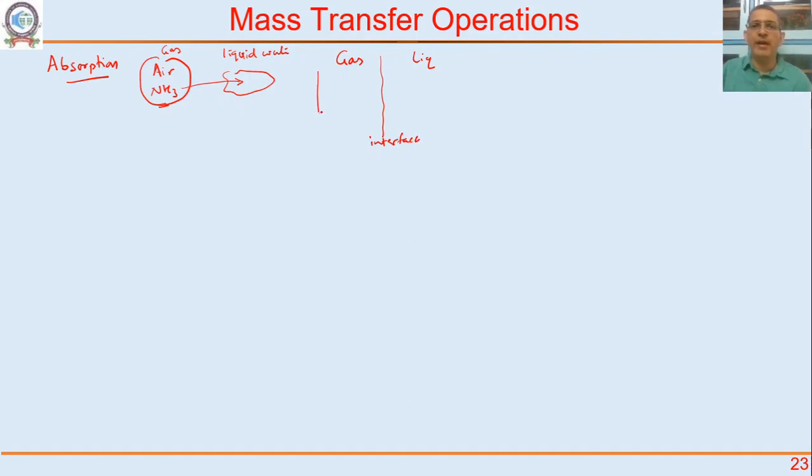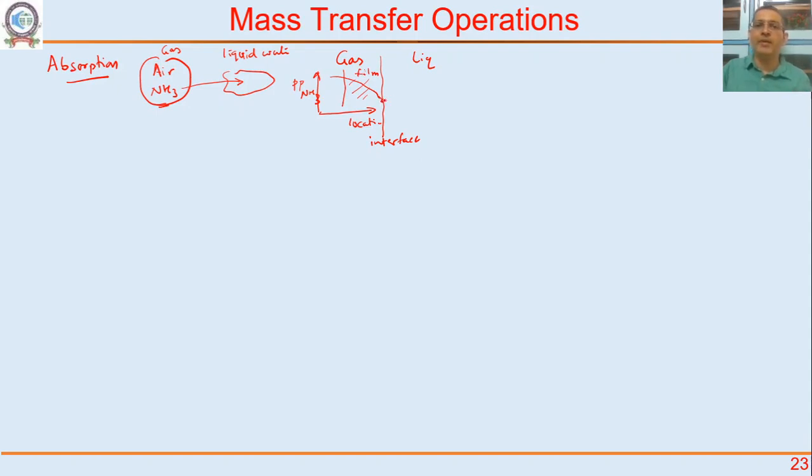Now if I write in terms of location, this is our location, and if I write in terms of partial pressure of ammonia, the partial pressure of ammonia will reduce because it is getting transferred to the liquid side. Now I can imagine a boundary layer. If I plot partial pressure as a function of distance, I can think of this as a boundary layer, as a film resistance to mass transfer.